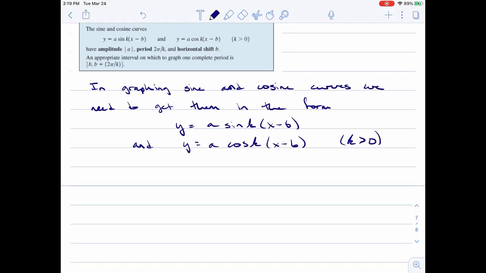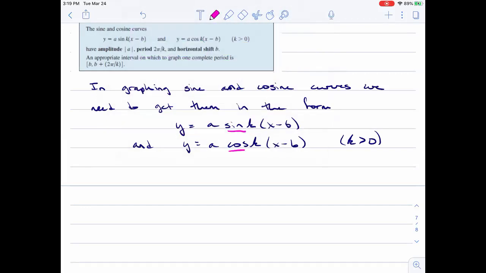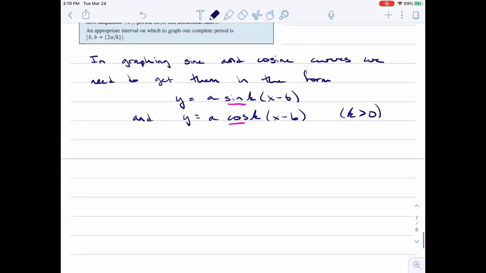We can't have a multiplier that's negative here. And so the only difference between these two is sine and cosine, but really how they behave is the same. So these two, they have an amplitude.